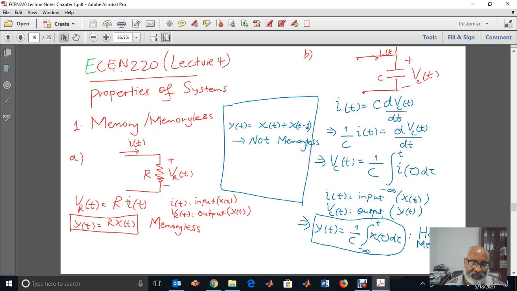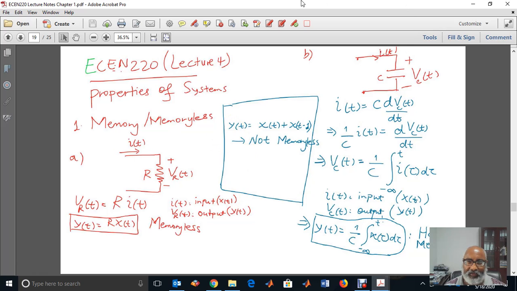If we assume i(t) is the input current, x(t), and V_R is the output voltage, y(t), then the input and the output are related: y(t) equals R times x(t). R is constant. Therefore, the output at the present time depends on the input at this time. So this is a memoryless system.